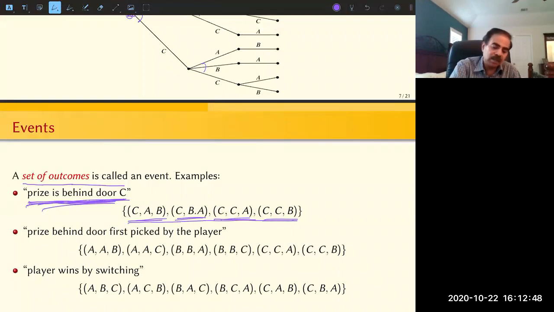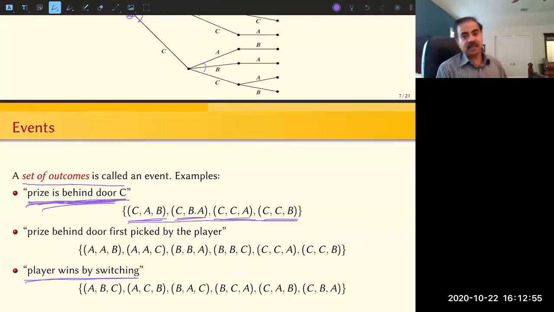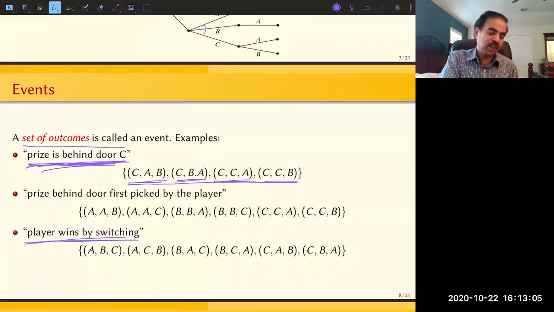Now let's pay attention to the one thing that is really the event of interest to us, and that is the player wins by switching. Let's list all of the cases where the player wins by switching.